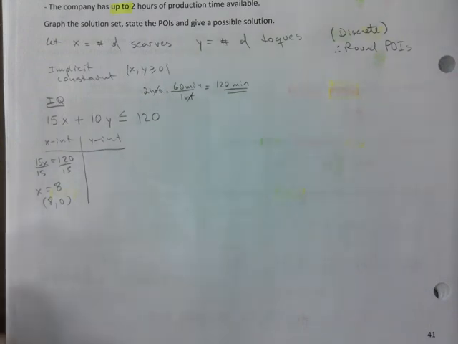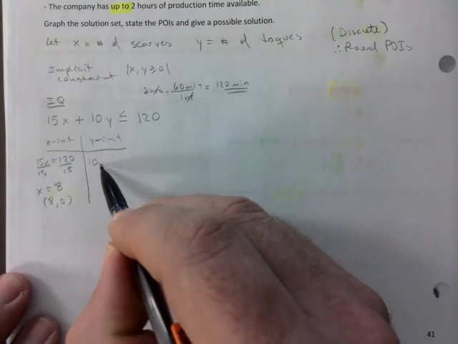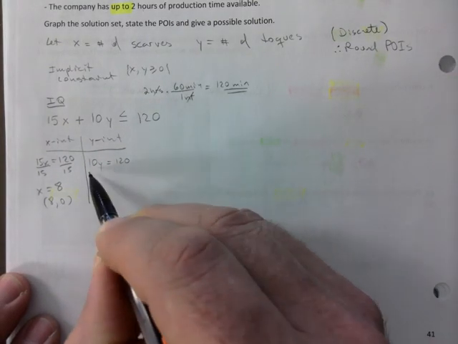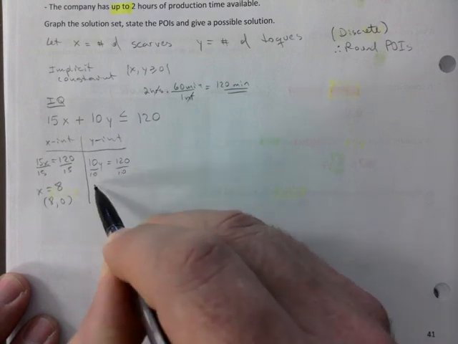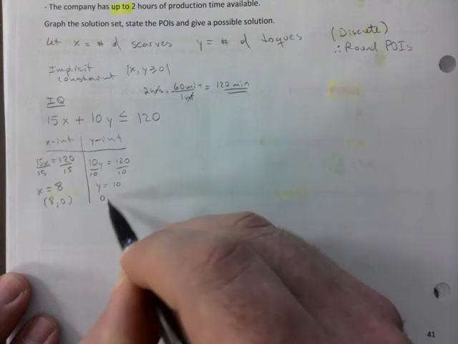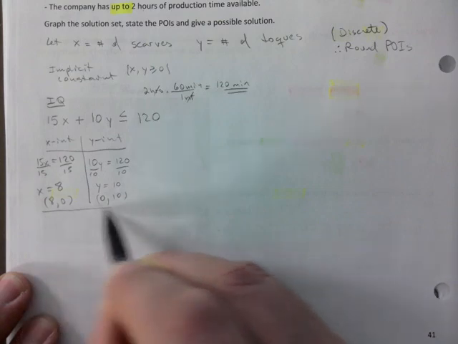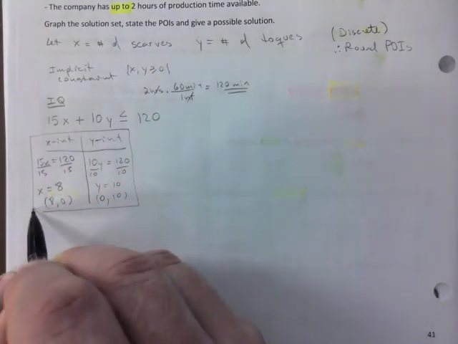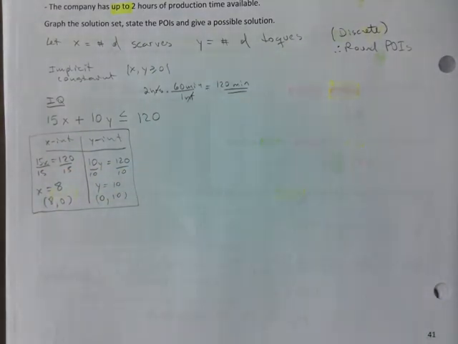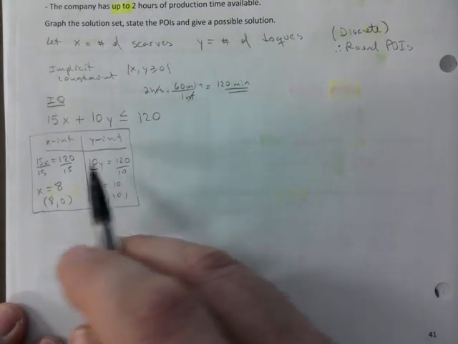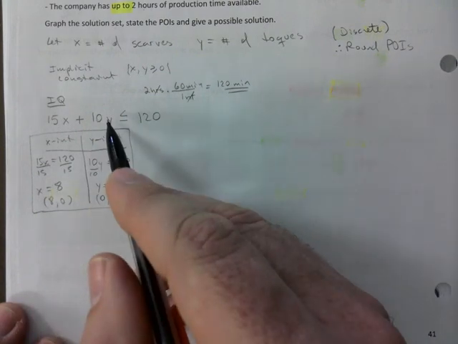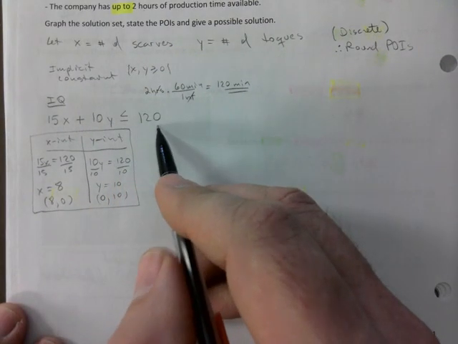That's what we're going to use it for. 10y is 120. Divide both by 10. Y is equal to 10. So that's 0, 10. And there you have this for graphing purposes, and you rewrite just like before.